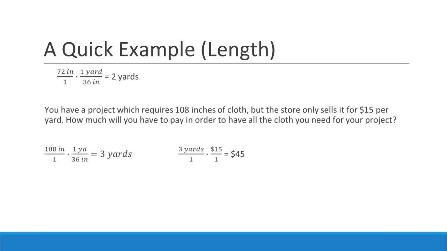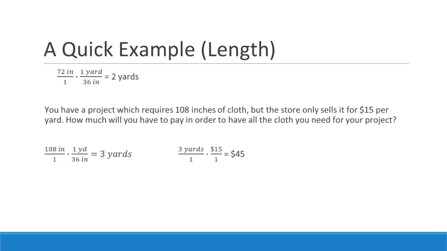So let's see, I know you have another example here. Let's run through it, because I'm going to do two steps separately for this one. You have a project which requires 108 inches of cloth, but the store only sells it for $15 per yard.